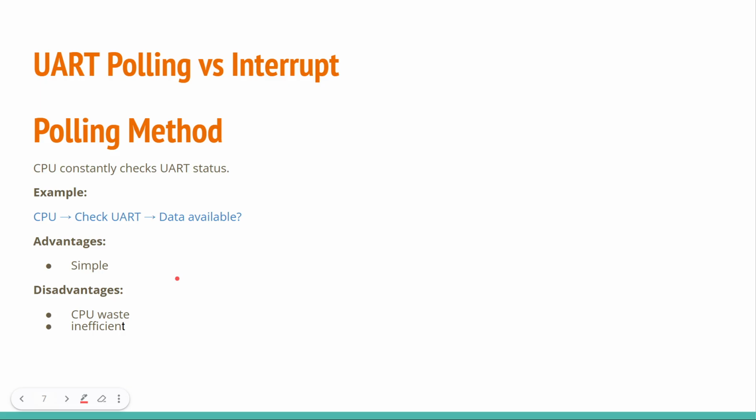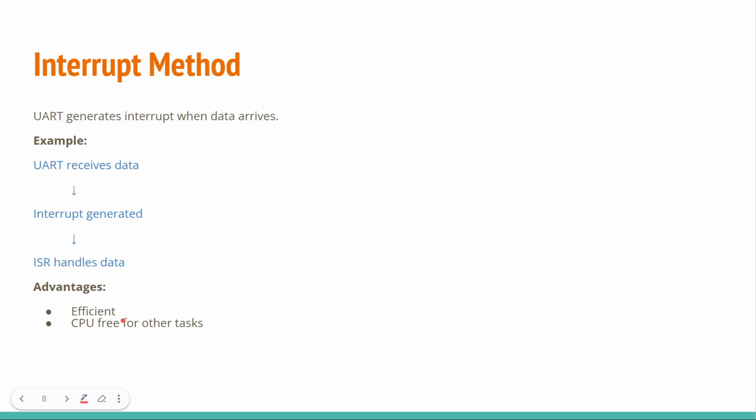Next one is UART polling versus interrupt. UART polling is nothing but my port continuously checking whether any data is arriving or not. It will cause CPU wastage. If you go for the interrupt method, my CPU will do its own work. Whenever UART data is received, at that time it will create an interrupt.